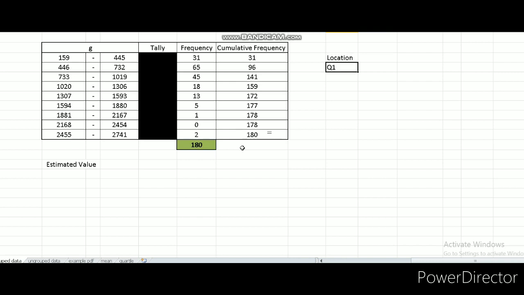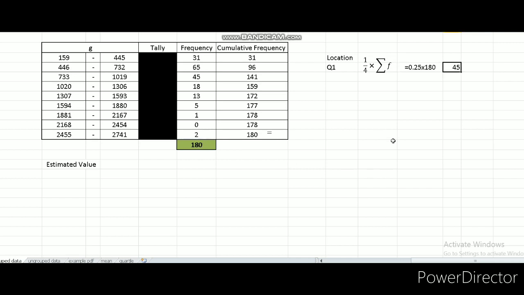The first quartile, or the lower quartile, divides your data into 4 equal portions, so the location will be 1/4 of your total data, or the sigma of your frequency. 1/4 means 0.25 multiplied by the total frequency, or the number of your data, which is 180.